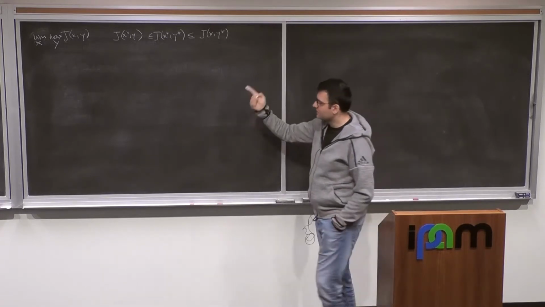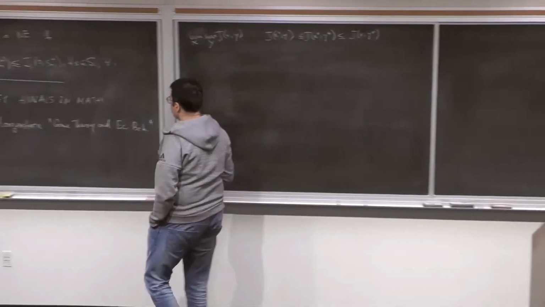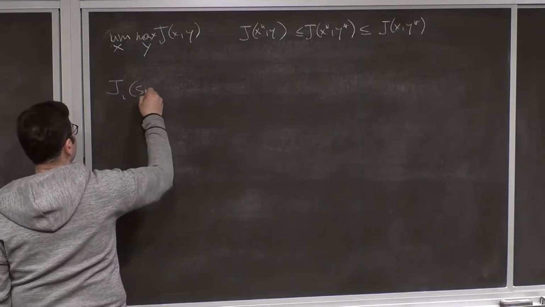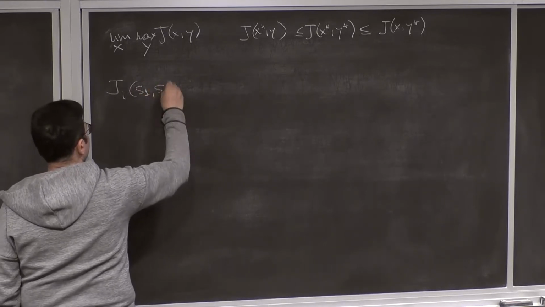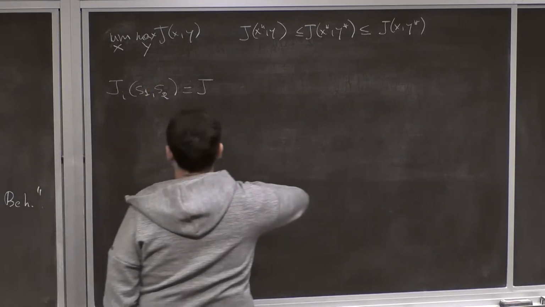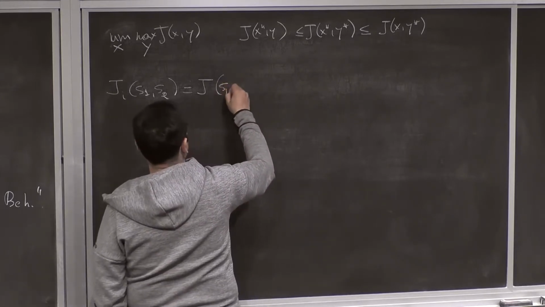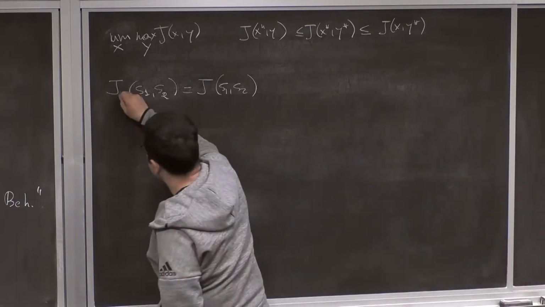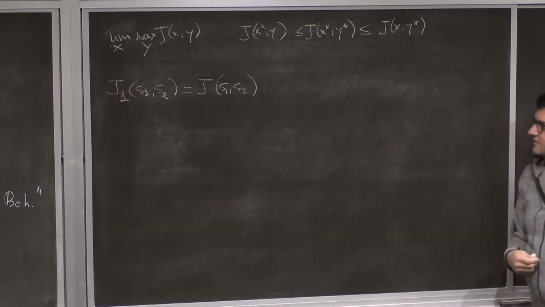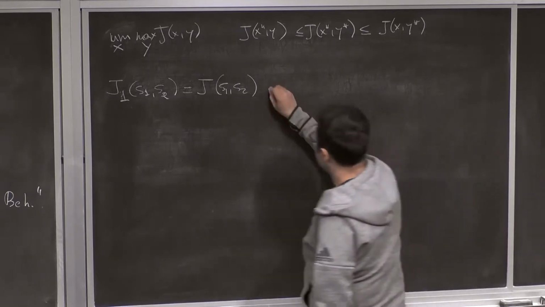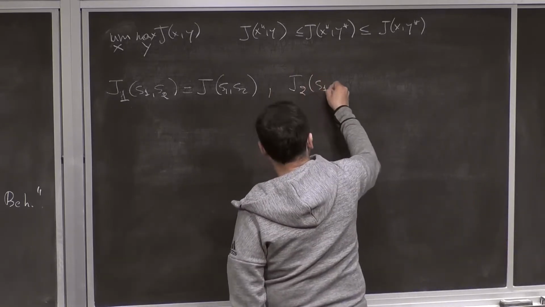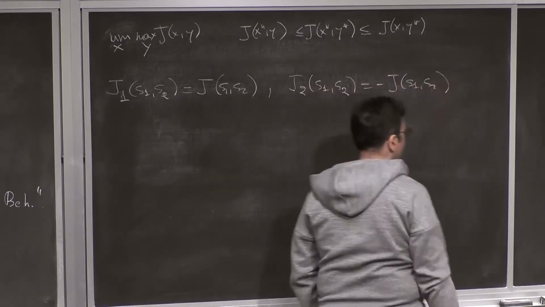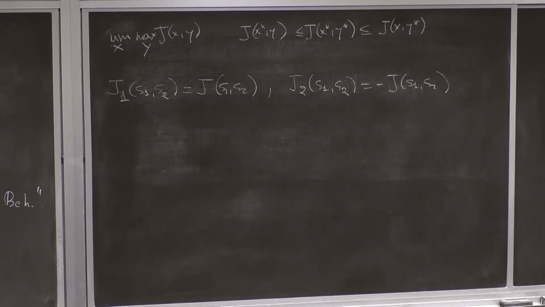And let me show you why it's equivalent. So given this function j, I can put j1, which is the objective of the first player, as j(s1, s2), and I'll put j2, the objective of the second player, as the negative of this j.